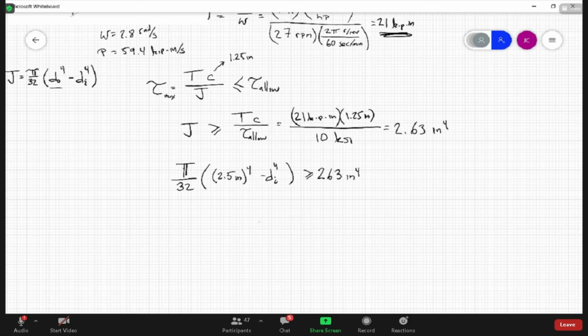So minus di to the fourth has to be greater than or equal to 32 pi times 2.63 over the outer diameter to the fourth, right?